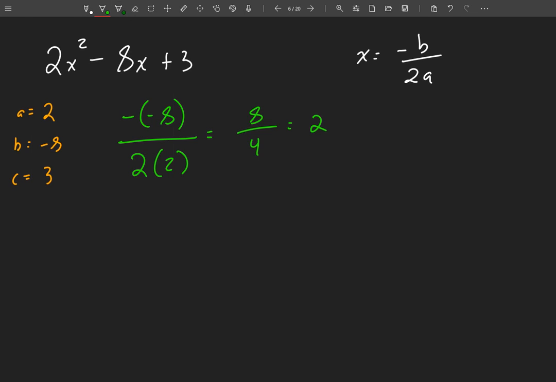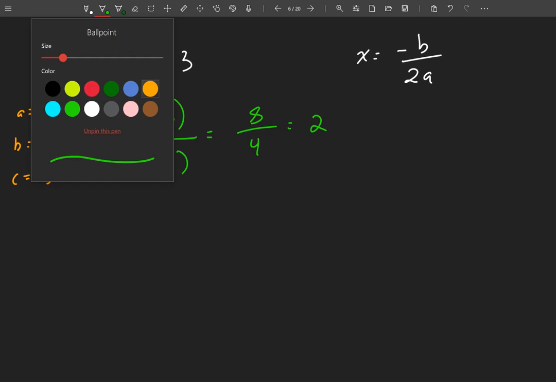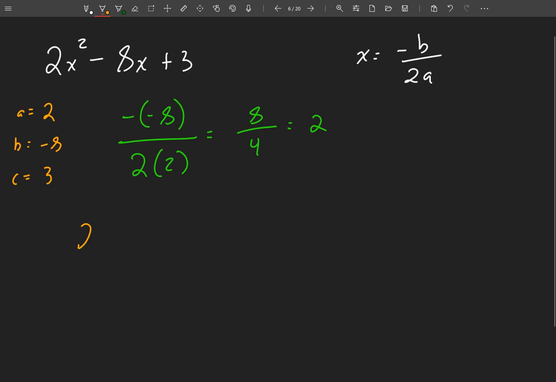Again, I'm not done. I have to do something with this. What do I do with it? I plug this in. So I go down here, 2 times x, which is 2 squared, minus 8 times 2, plus 3. Doing the exponent first, 2 times 2 is 4, times 2 is 8. When you do this, don't write minus yet, just to be careful with the signs.